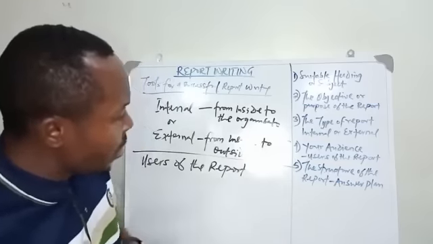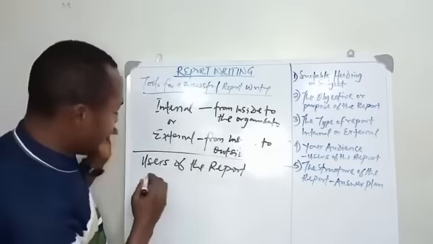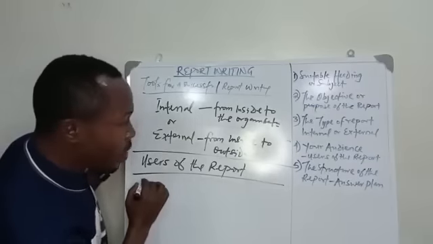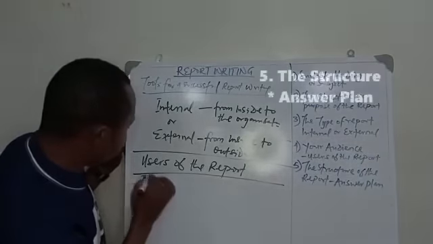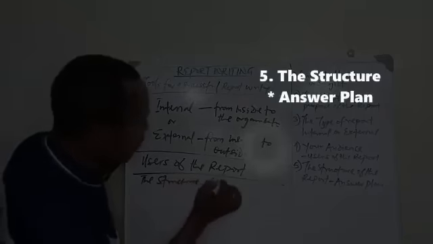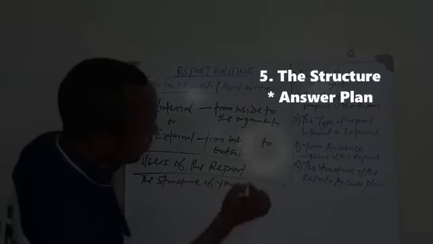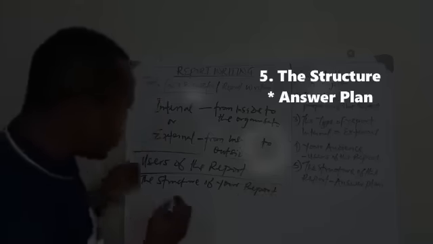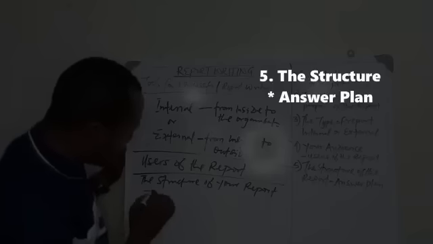Okay, the next thing for now, which is going to be the last but not the least, is the structure of your report. Now, the structure of your report, we usually call it the answer plan.